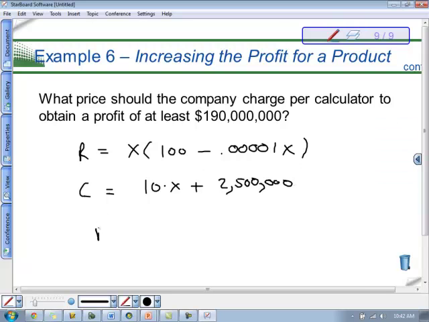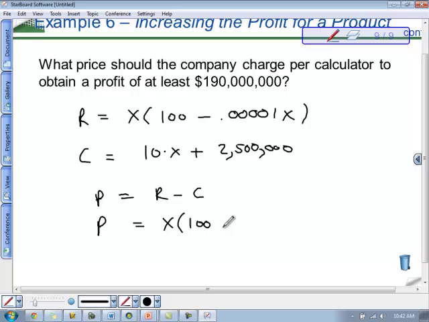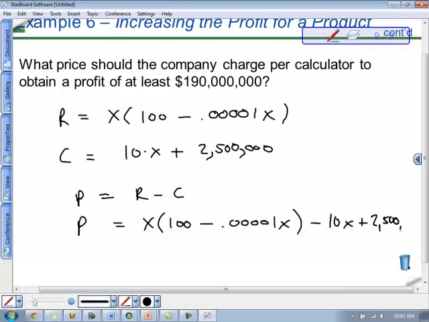So our profit equation is the amount of money we bring in minus the cost. Our profit is x times 100 minus 0.00001x, minus the cost, which is 10x plus 2,500,000. Now we want our profit to be at least 190 million. So I'm going to put 190 million here. We want to make sure that our profit is greater than or equal to that.